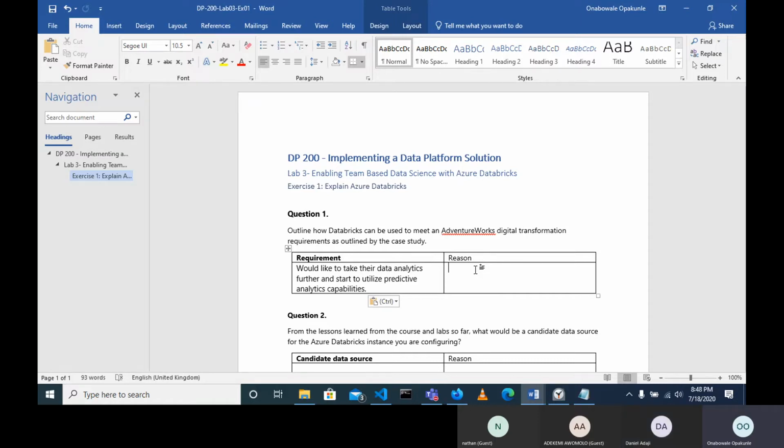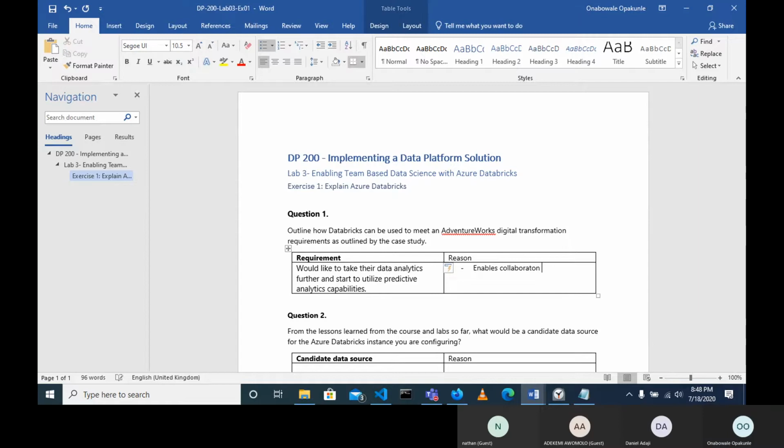The first one is that it enables collaboration between the data scientists, data engineers, and data analysts, because you can create workspaces in Databricks and then share your work. You can see what everybody is doing. You can share notebooks. You can share ideas on Databricks.